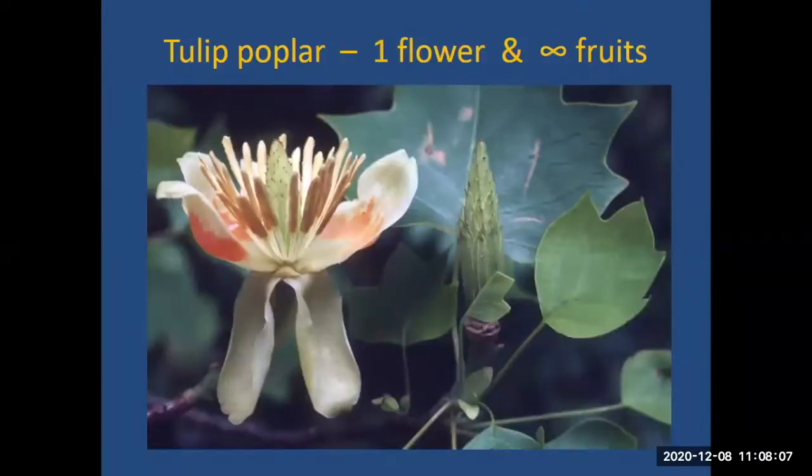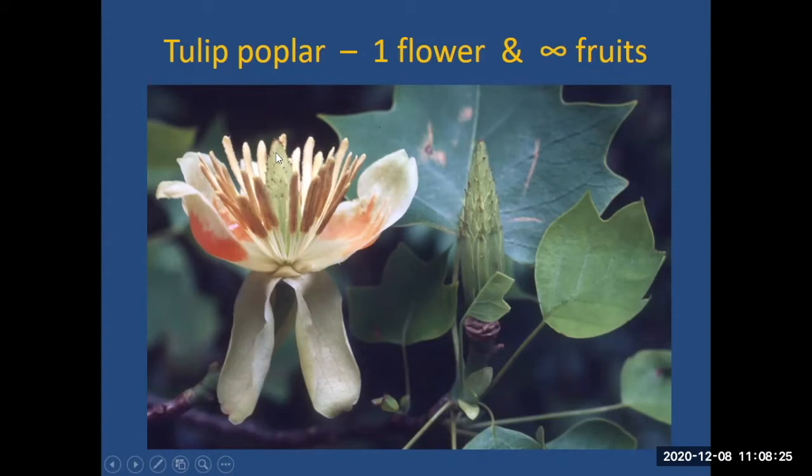So here's a typical flower. This is a primitive flower. This is the common tulip poplar. It has a fairly large flower. It has these green sepals and these colorful petals. There are numerous stamens in here that make abundant pollen.